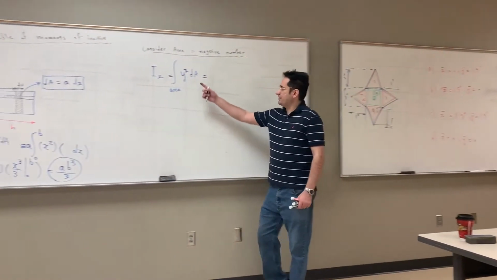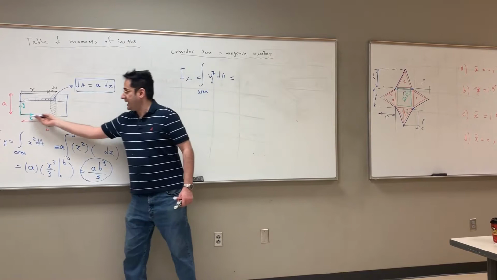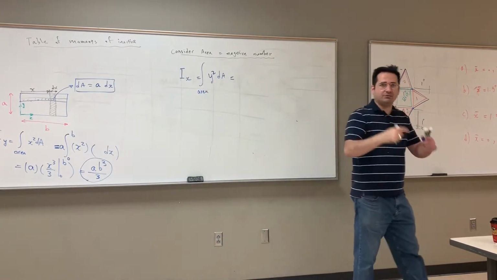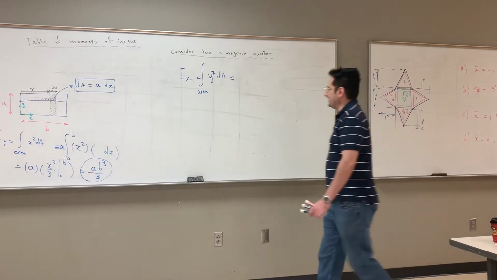So in fact, it's the distance squared times dA with respect to the corresponding axis. So if I do Ix, that's going to be y squared. It's just flipped. So before you compute this integral, what should be the final answer? B A cubed over 3. Yeah.